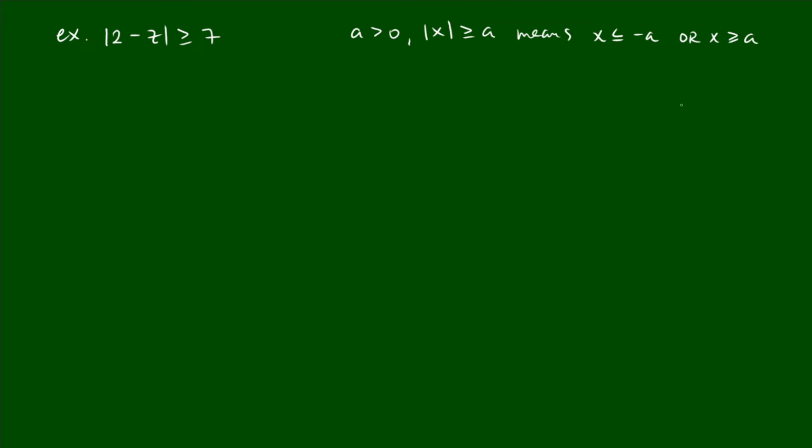So here's when you have the two cases. You can do first 2 minus z is less than or equal to minus 7, or 2 minus z is greater than or equal to 7. So when you solve this, first you have minus z is less than or equal to minus 7, sorry.